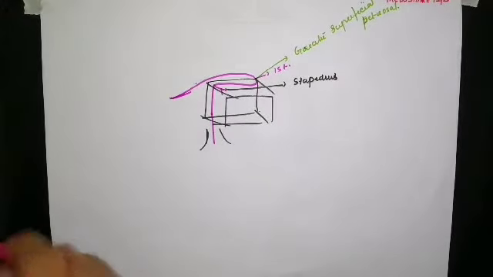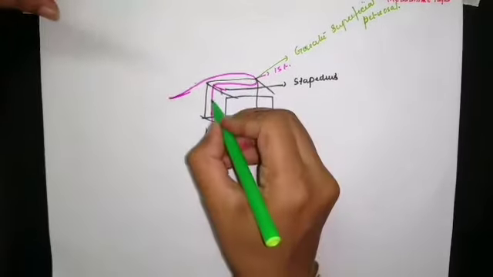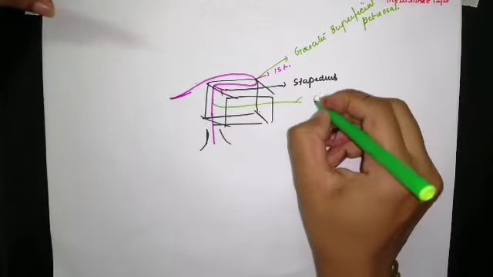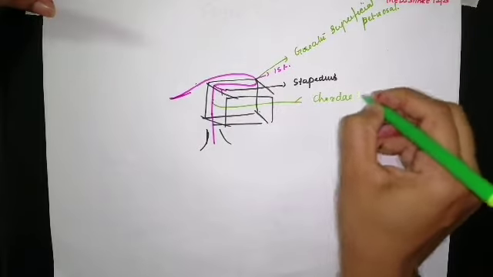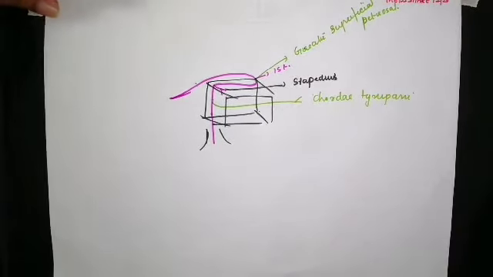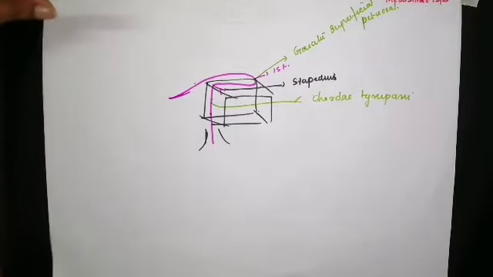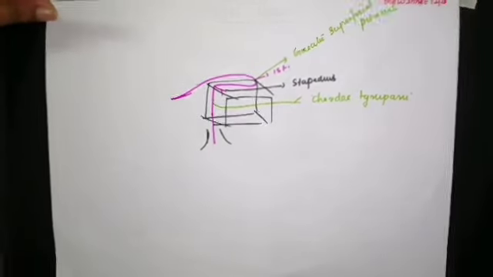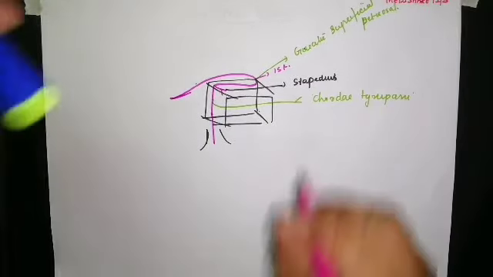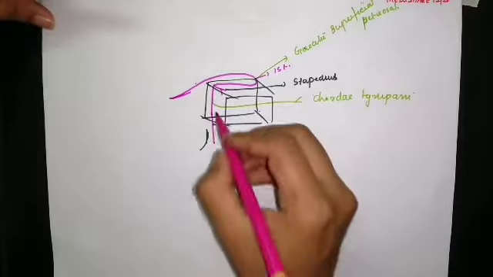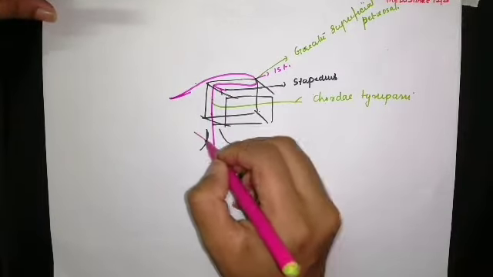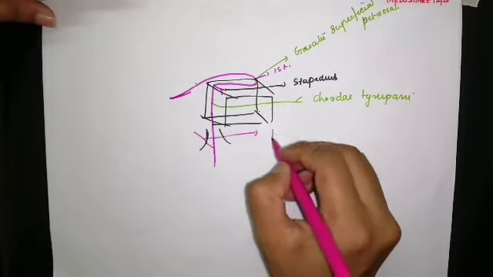And just below the stapedius muscle, there is another branch known as the chorda tympani. This chorda tympani branch carries taste sensations from the anterior two-thirds of the tongue and also carries parasympathetic fibers to the submandibular and sublingual salivary glands. The branch located just below the stylomastoid foramen is called the posterior auricular branch.